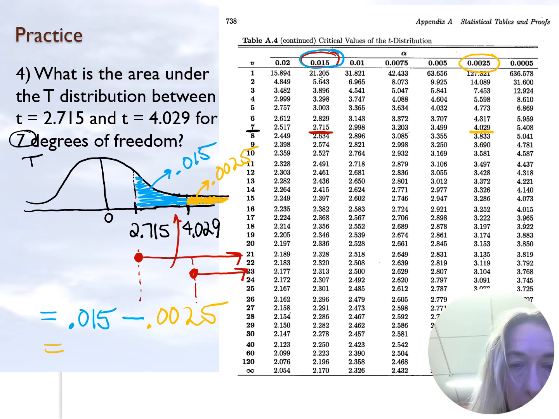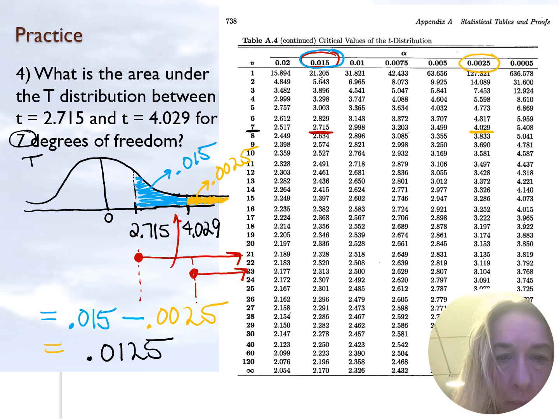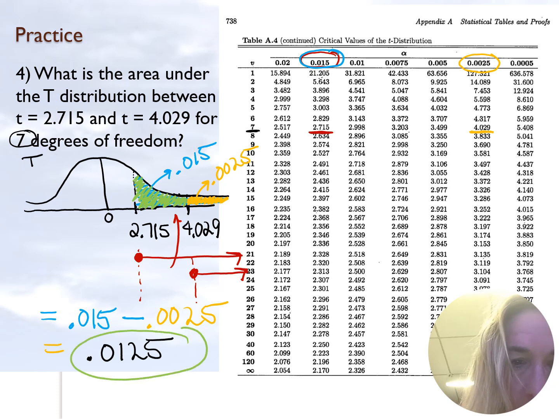When we figure out the math on that, our final answer becomes 0.0125. That is, again, equal to the area that I'm going to color now in green. That is the area in between, under t, in between 2.715 and 4.029.